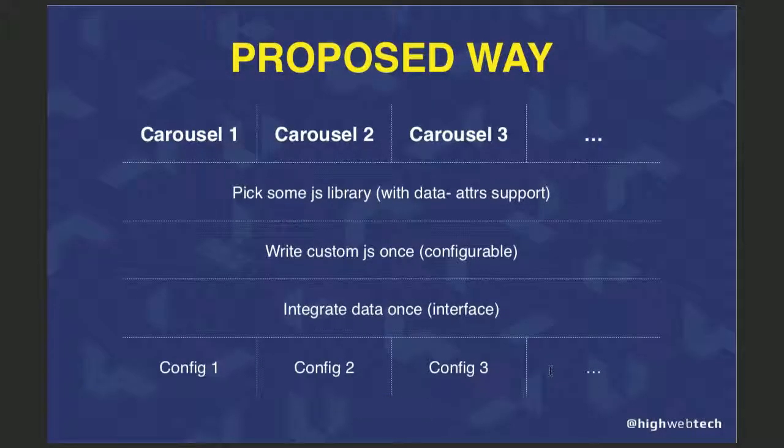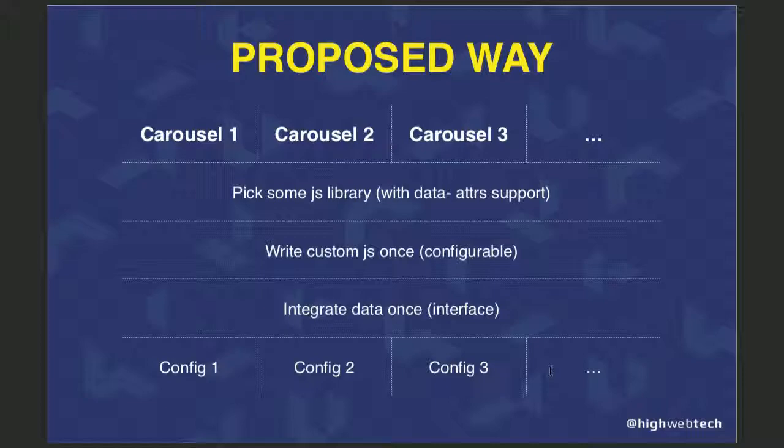So this way allows us to do the following. Instead of creating each carousel over and over again, we can build a component once and then control its behavior via data attributes as configuration.